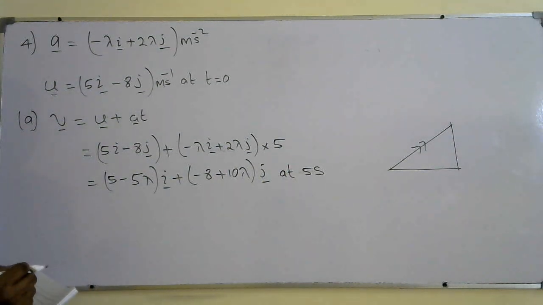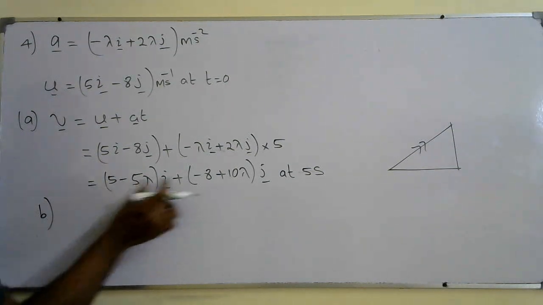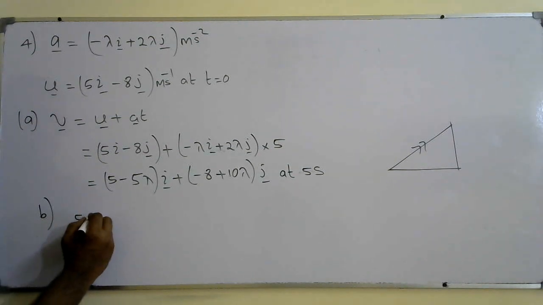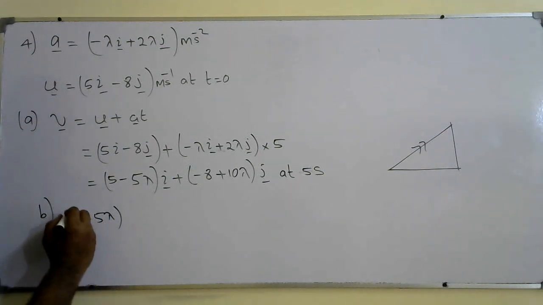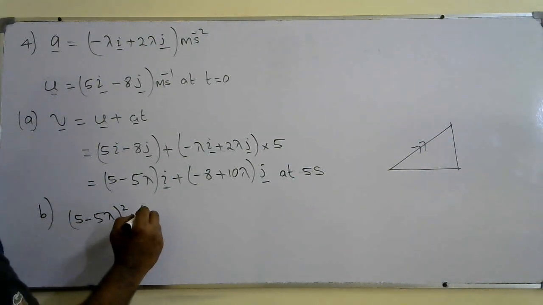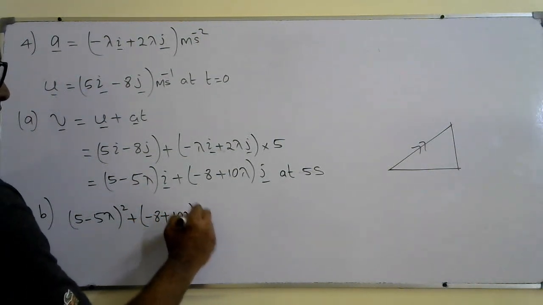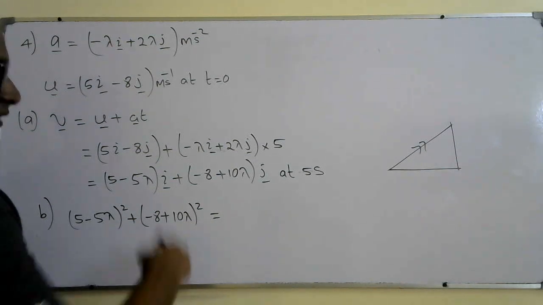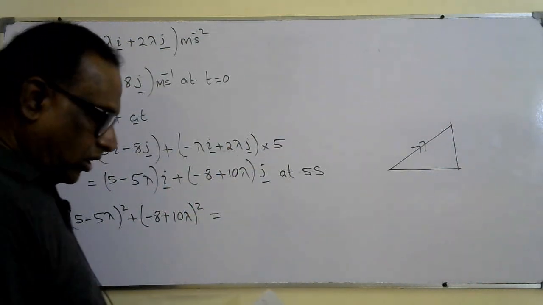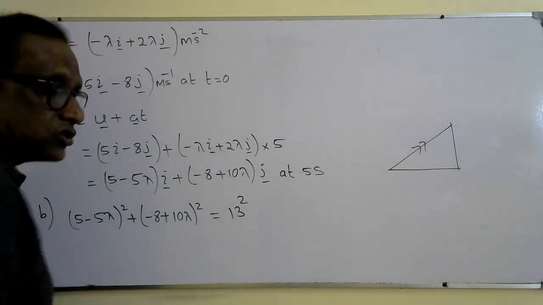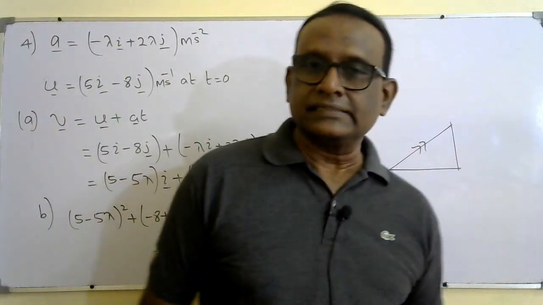So that is the B part. The magnitude is 13 meters per second. So 5 minus 5 lambda all squared plus minus 8 plus 10 lambda all squared equals 13 squared. I'll put 13 squared because it is easier to solve than keeping things inside a square root.